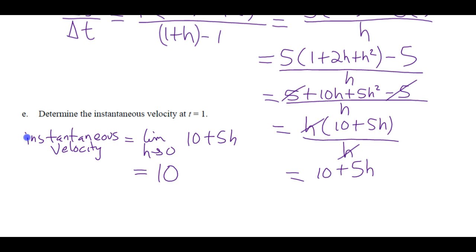10 what? What's velocity measured in? Meters per second. And really, truly, there should be a direction, because that's a vector quantity. It bothers me a little, but not enough to change anything. So we don't have to do that on the test.